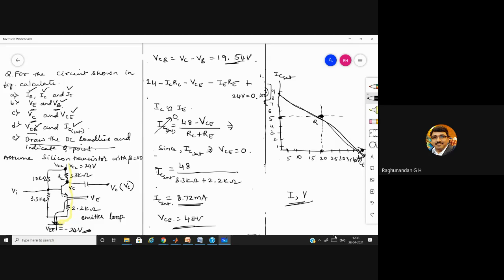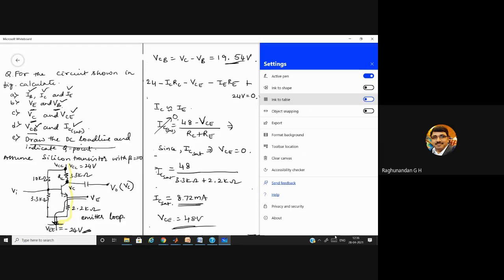So this is how we do this particular problem. This is the toughest problem you can get. If you have understood this problem, you can solve any kind of problem.